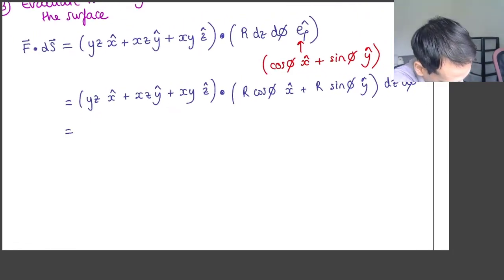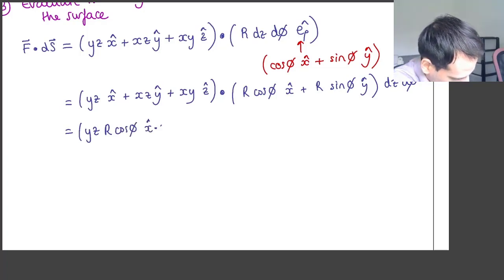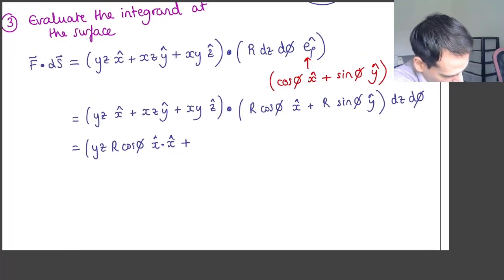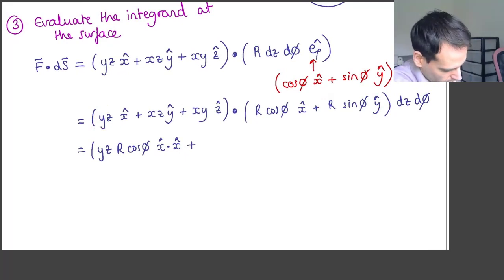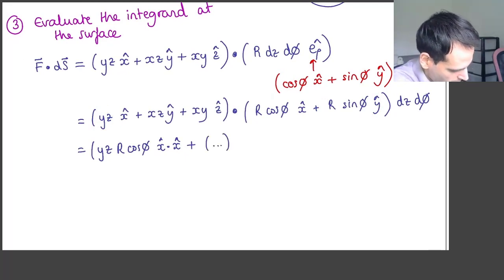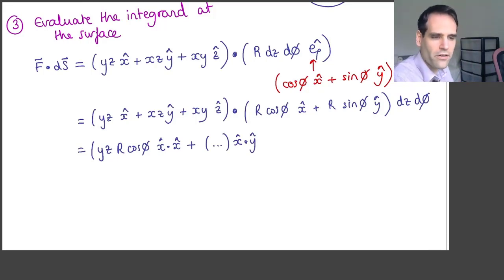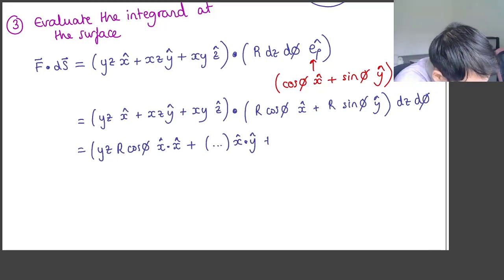So we will get yz r cosine φ x hat dot x hat. Then we will get this times this, x hat dot y hat. But this will be 0. So I don't bother writing it out.